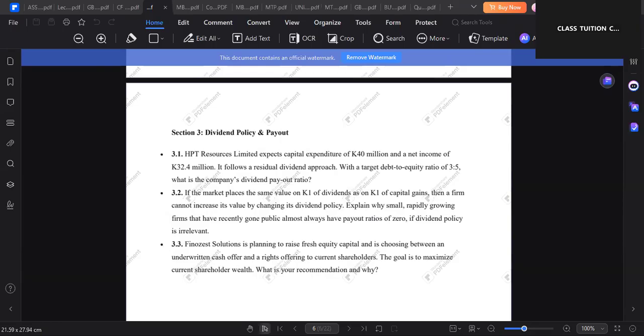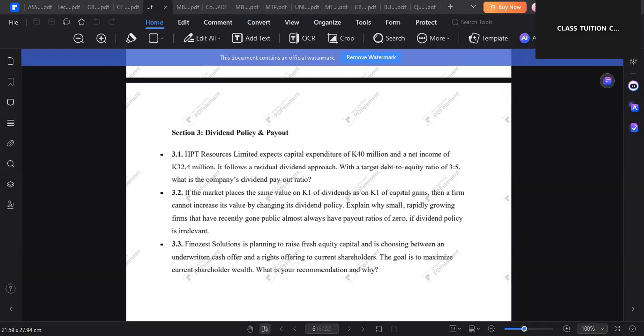We discussed this question. So let me just give it a try. The rights offer is the exclusive right or privilege that shareholders have to be the first ones to be offered shares before they can be offered to a person outside the organization.